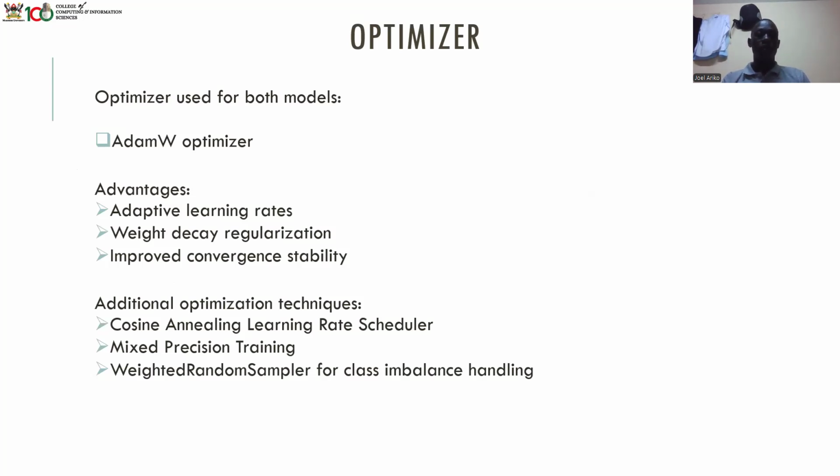Then we have the weighted random sampler for class imbalance handling. This is a method to oversample the minority class. Since we have a large class imbalance, we use the weighted random sampler to handle it.